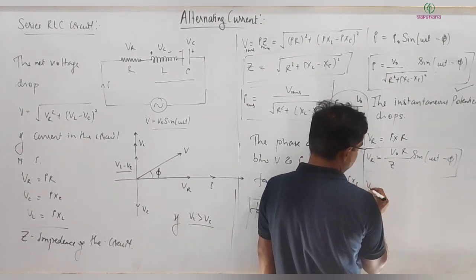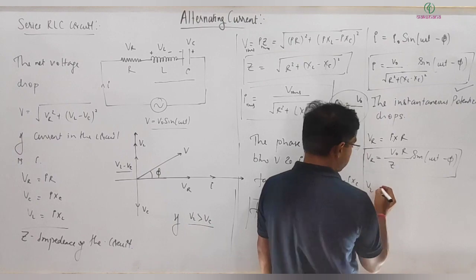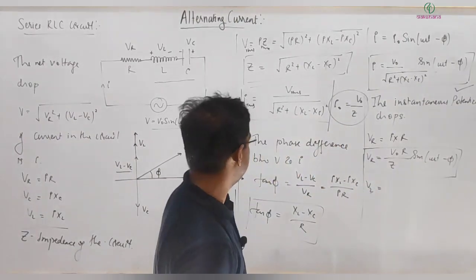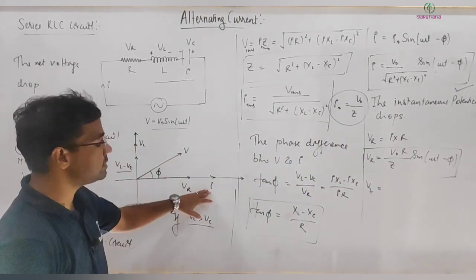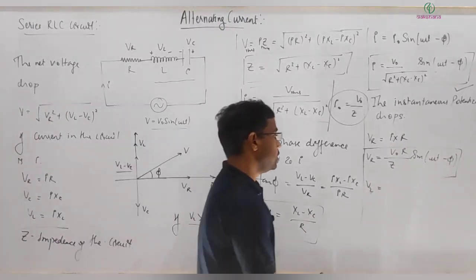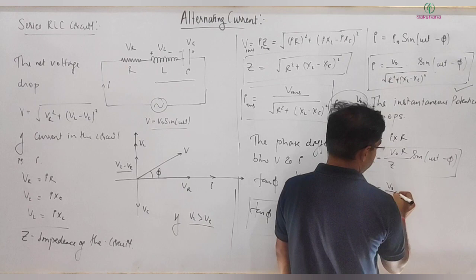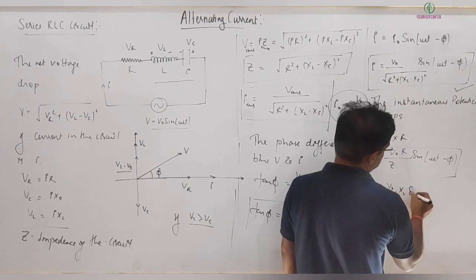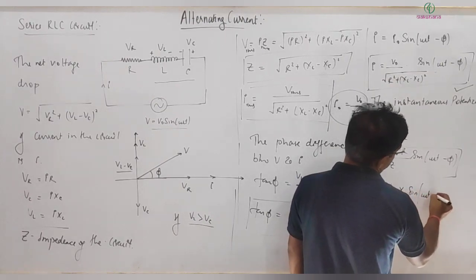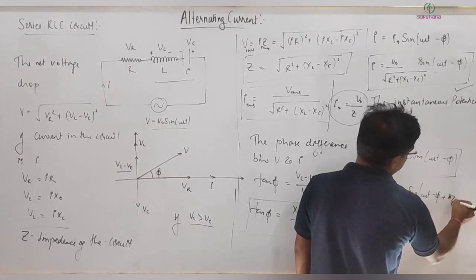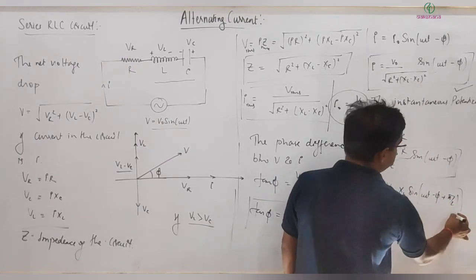Similarly, VXL or VL will be equal to what? Here you must remember that VL will be leading the current by a phase angle of 90 degrees. So you can write it as V naught divided by Z multiplied by XL multiplied by sine of omega t minus phi plus pi by 2, because it's leading.